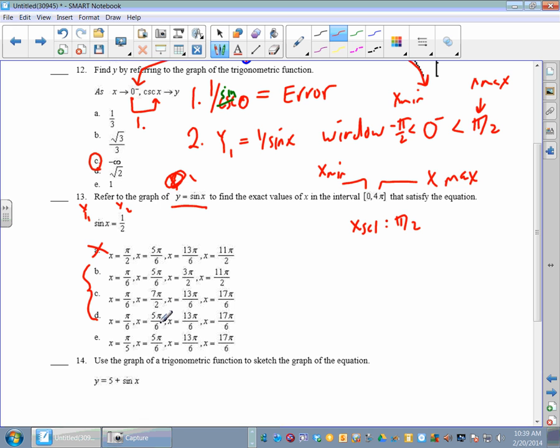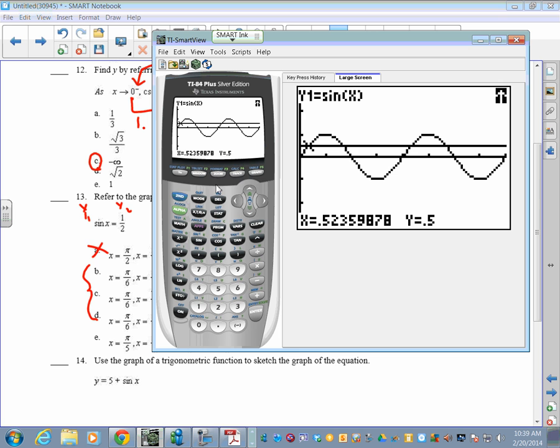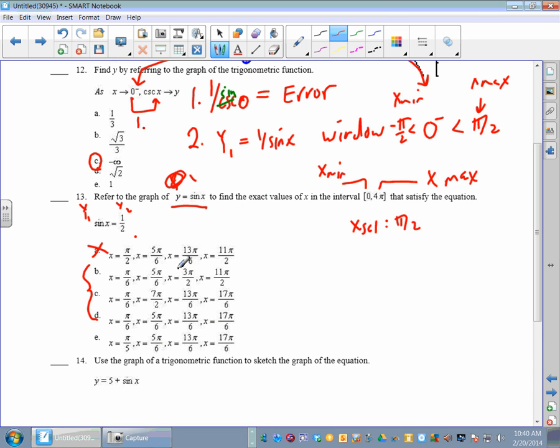Which one should you check next? 5 pi over 6? Second, calculate value. I mean, I could do it all the way, but you get a bunch of decimals. 5 pi divided by 6. That works. So this one's out. Next, I'll check those.